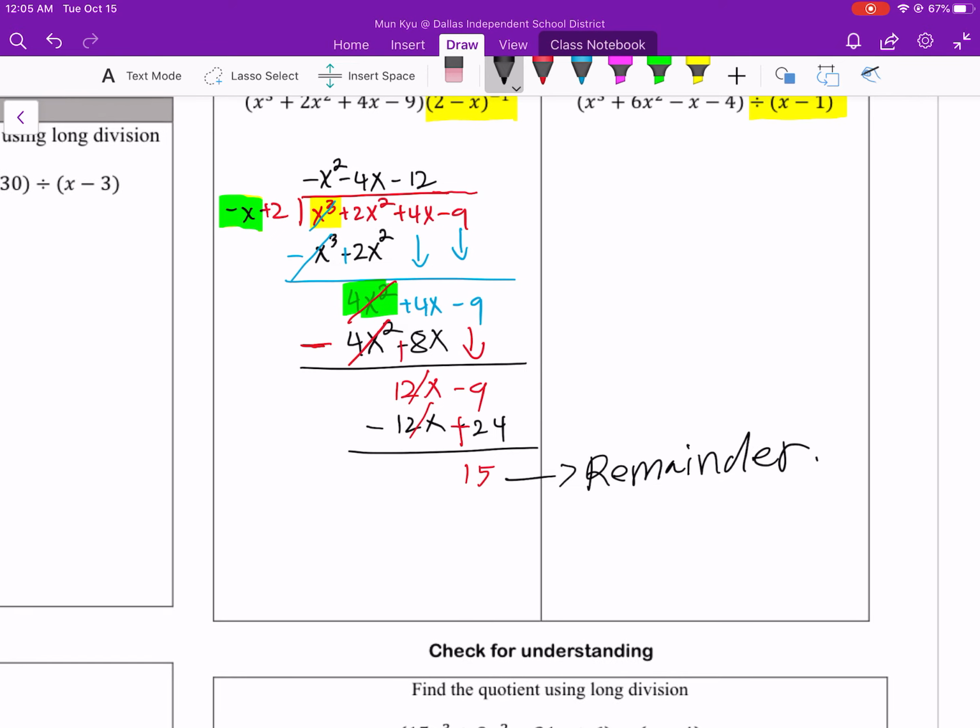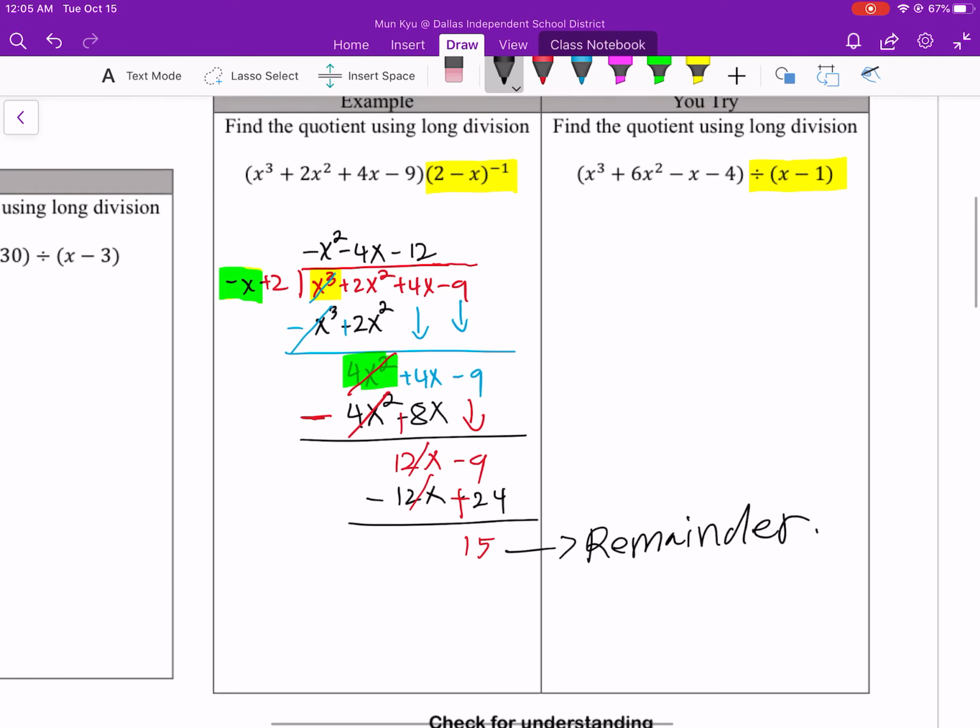So how do you write the solution? If you divide this number from here, you will have a quotient of negative x squared minus 4x minus 12 with a remainder of 15. But how do you write it?